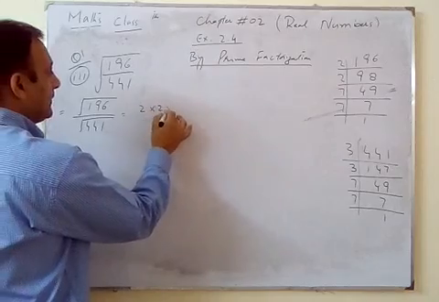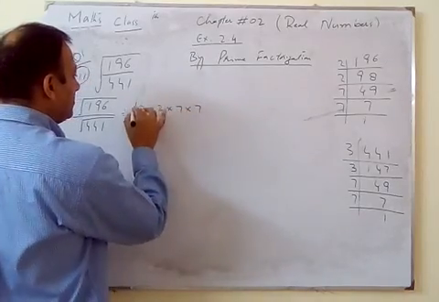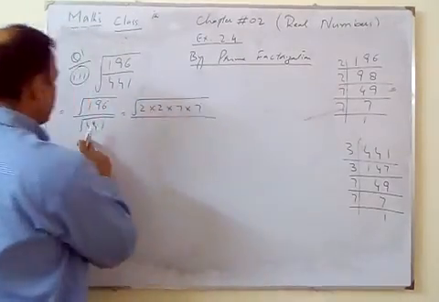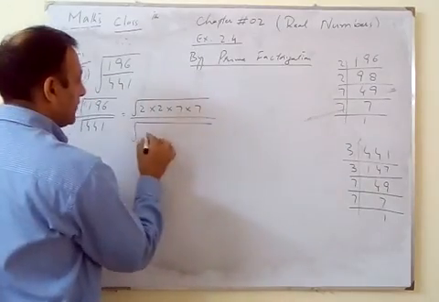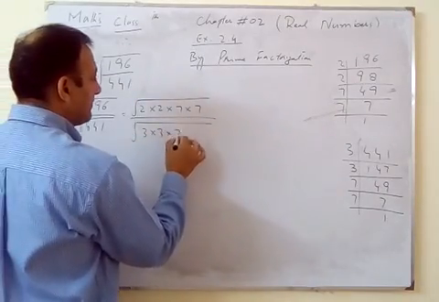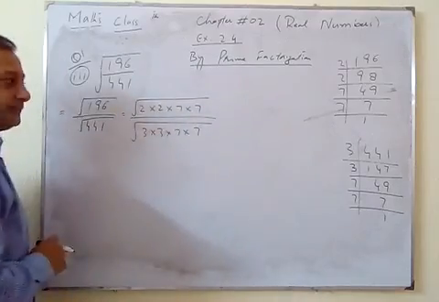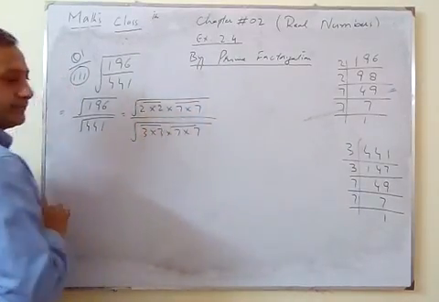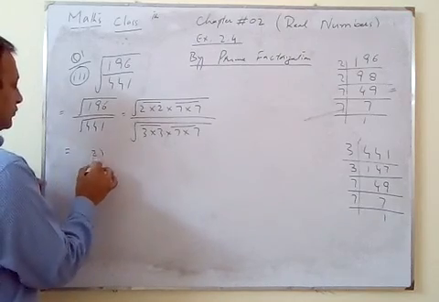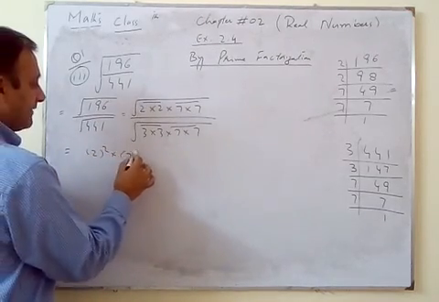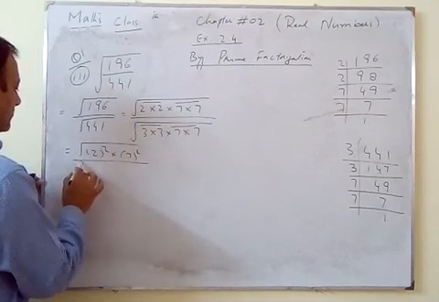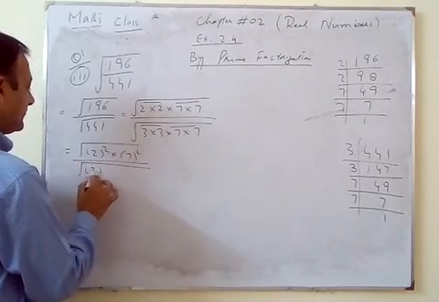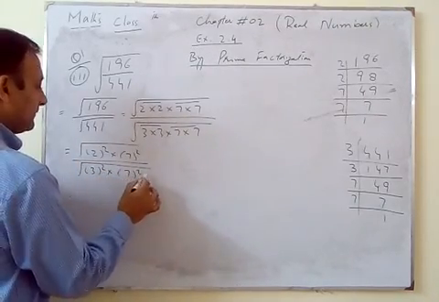So here 2 multiplied by 2 multiplied by 7 multiplied by 7, and for 441, 3 multiplied by 3 multiplied by 7 multiplied by 7. Make the pairs. 2 square, 7 square, 3 square, 7 square.